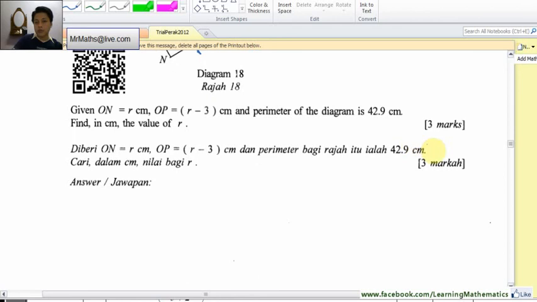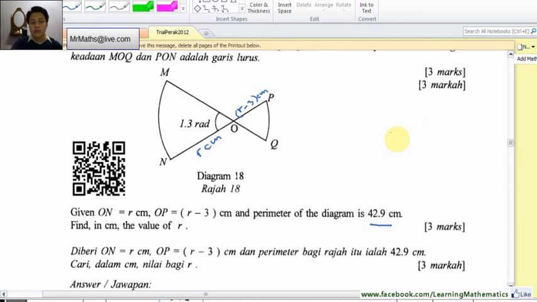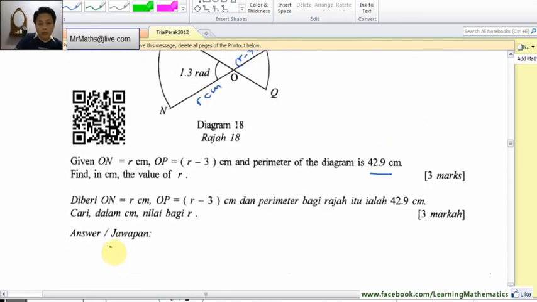So perimeter is this one. Alright. Complete perimeter. Complete perimeter is equal to 42.9 cm, and complete perimeter is equal to perimeter of OMN plus perimeter of OPQ.